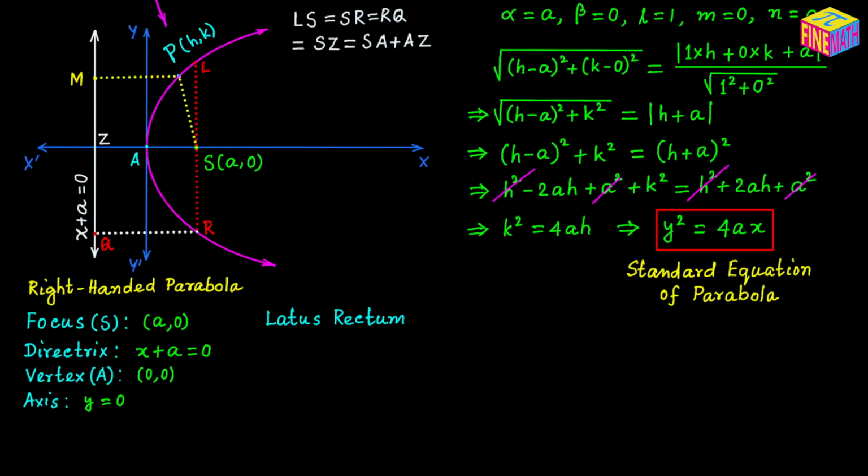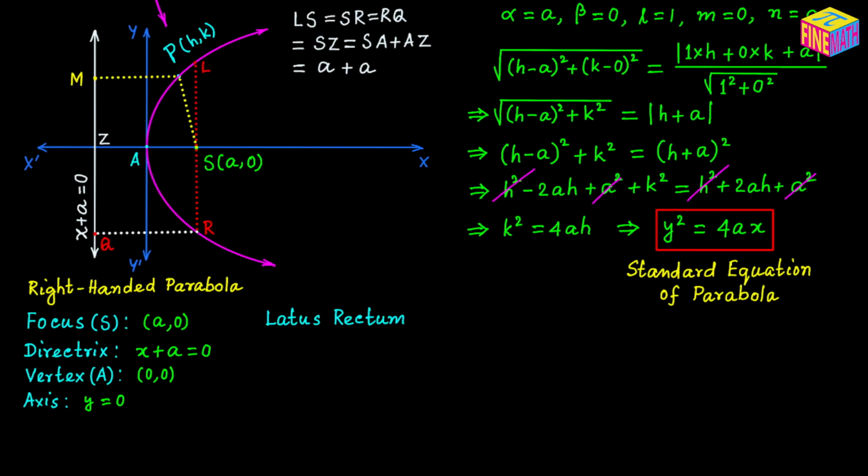And that can be written as SA plus AG or AZ, because if you assume A to be a point on the parabola, its distance from the focus will be same as its distance from the directrix. So then we can write it as a plus a, because we know the distance of the focus from the vertex is actually a unit. So the distance of the vertex from the directrix will also be a unit.